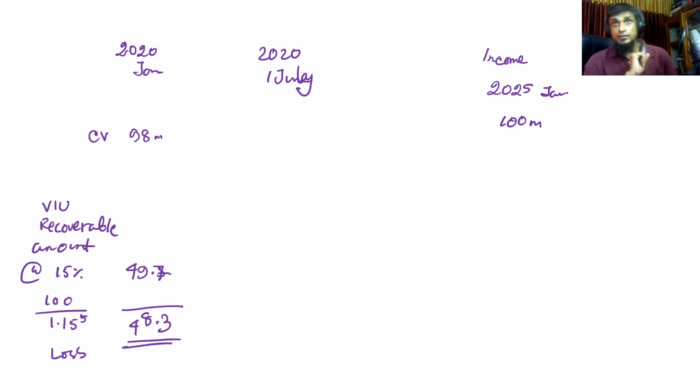Now you genius have an idea on 1 July 2020. You calculate again the present value, recoverable amount, value in use of that asset using the same cash flow, same discount rate. This time it is 1.15, same cash flow, same rate, to the power 4.5, because 6 months already have been passed. So what do you get? Now you get 53.